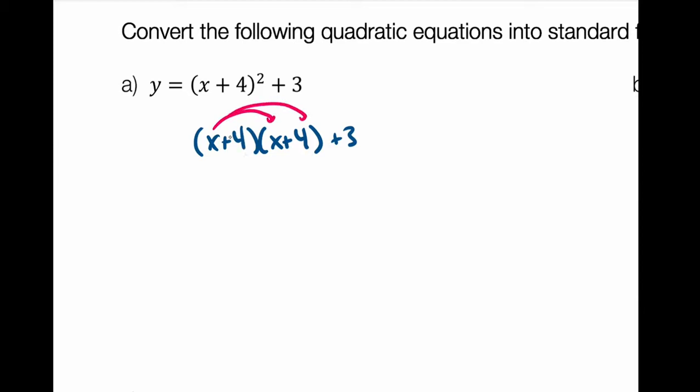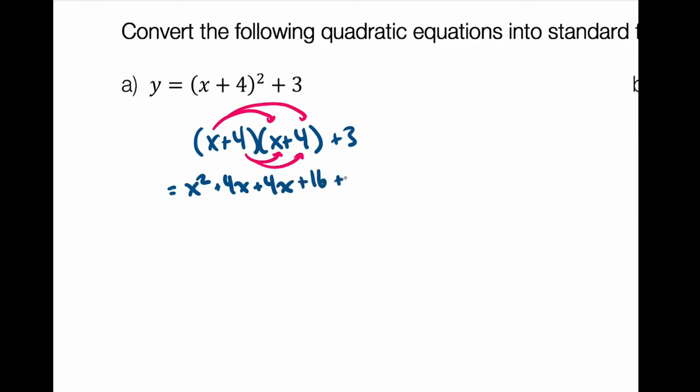So FOIL method: first, outside, inside, last. Getting my acronyms confused. So this works out to x times x, which is x squared, x times 4, which is 4x, 4 times x, which is 4x, and 4 times 4, which is 16.